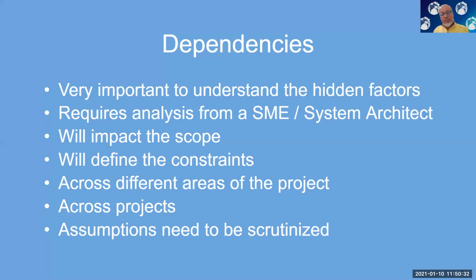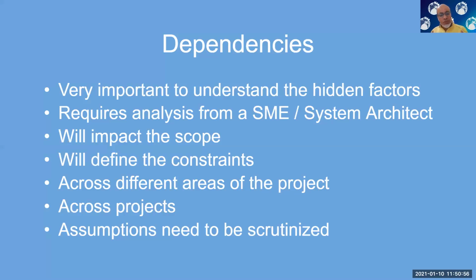But there could be a dependency on privacy acts or certain ways of storing data because it's outside of the country and that person is not under the regulations of the United States, for example. So these are dependencies that could pop up and cause a little bit of scope change and so forth.